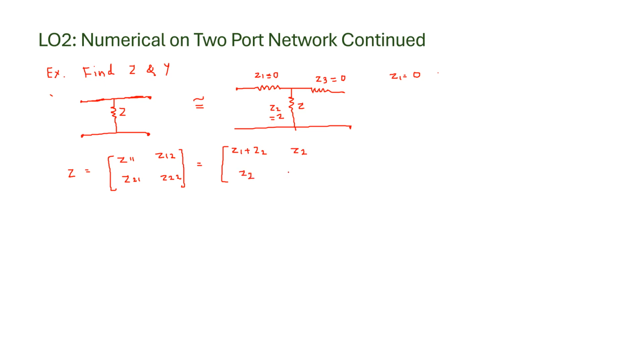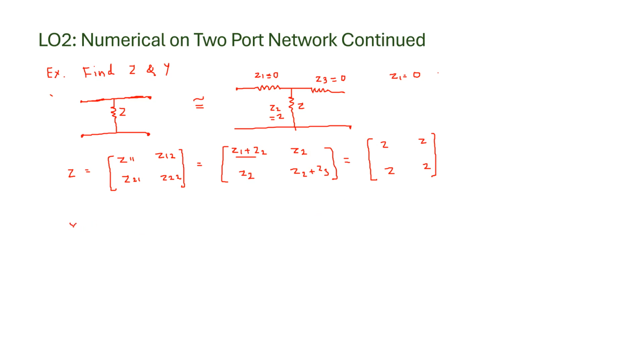Z21 is Z2 value. Z22 is Z2 plus Z3. Now what is Z1 plus Z2? Z1 is 0, so it is simply Z. Z2 is also Z, and Z2 plus Z3 is also Z. So we get these Z parameters.